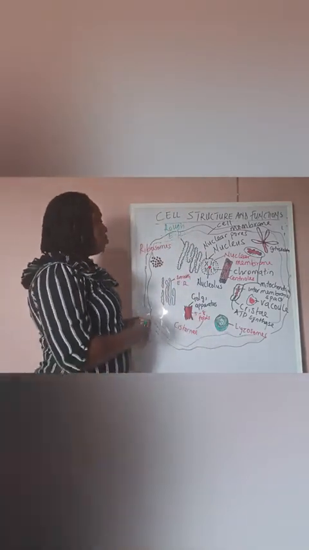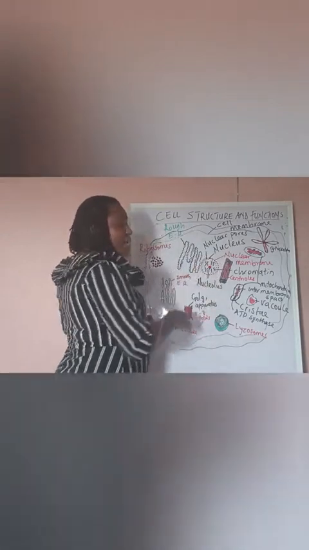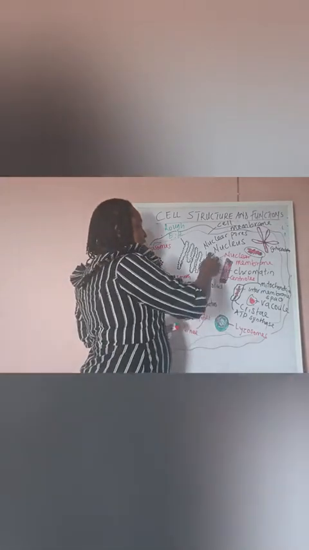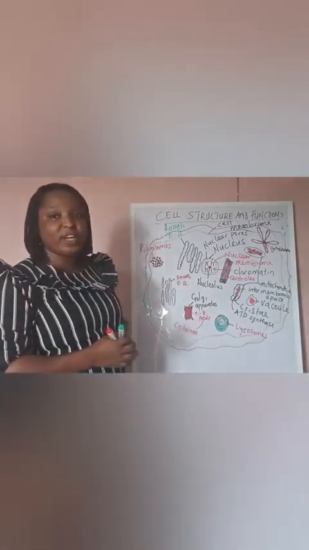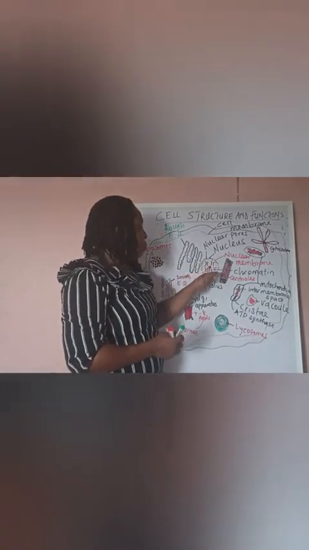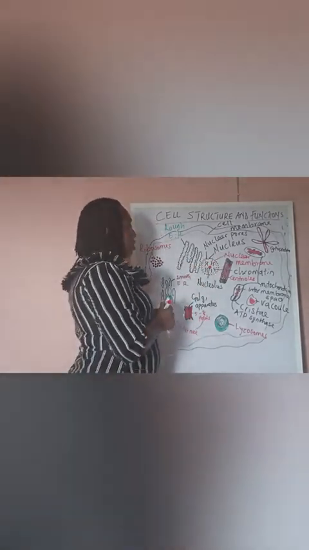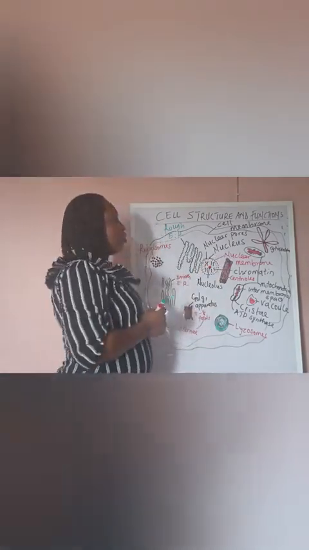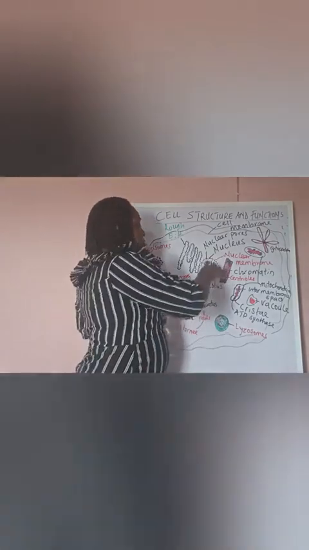Okay, so from there we move to this centrally located organelle called the nucleus. So you can see the nucleus is centrally located and it is membrane bound. So the membrane that bounds the nucleus is called the nuclear membrane. You can see, so that's the nuclear membrane.